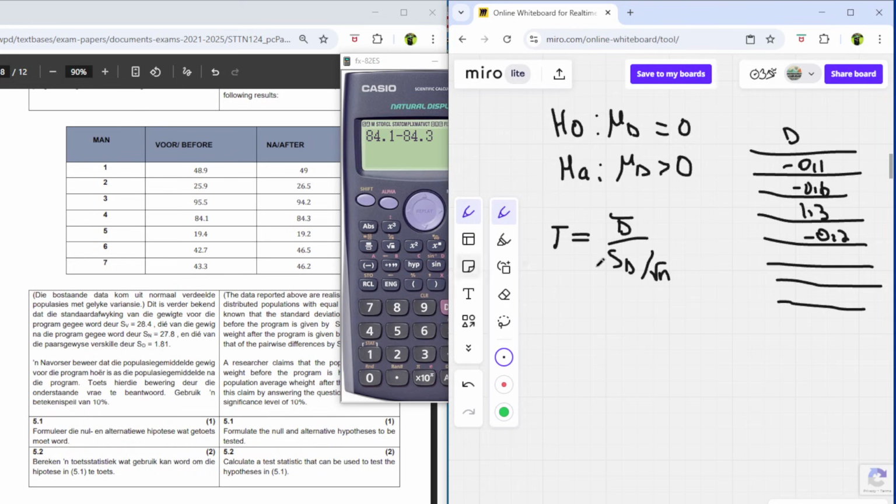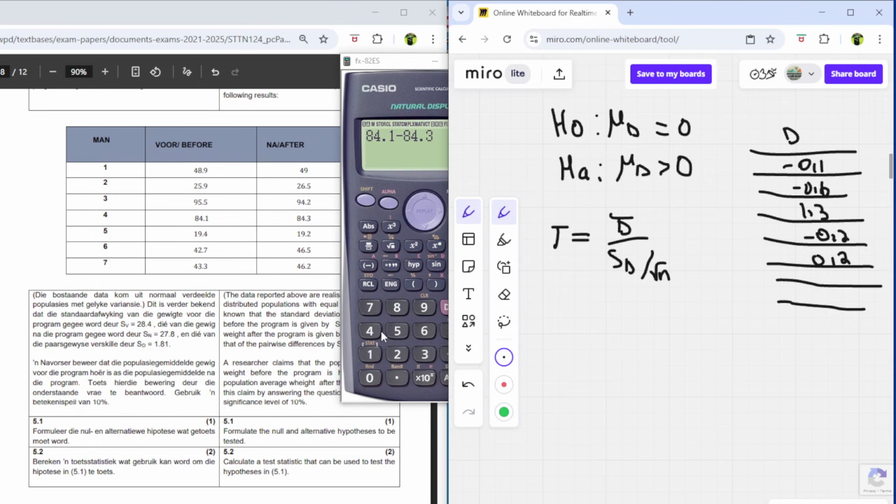19.4 minus 19.2, that is 0.2. 42.7 minus 46.5, that is minus 4.2.